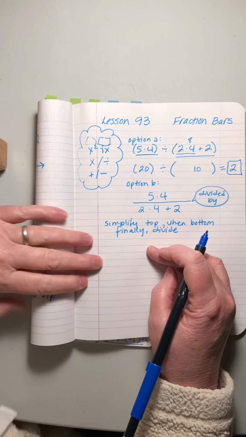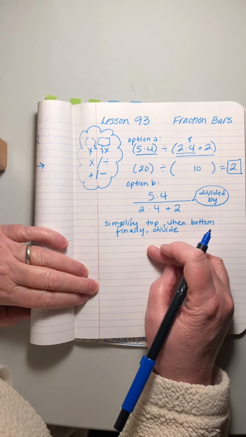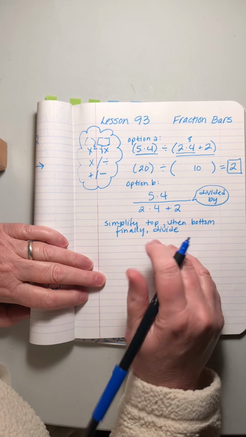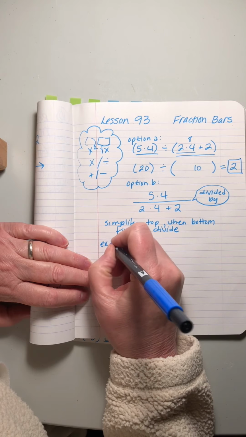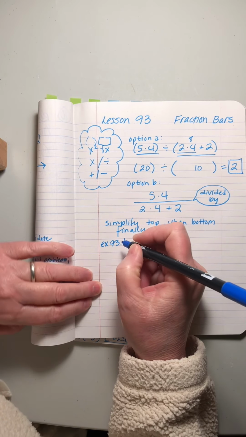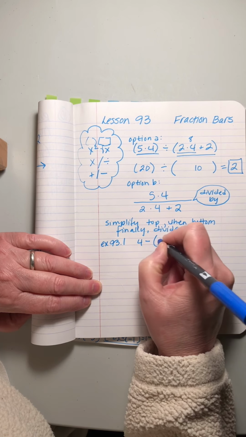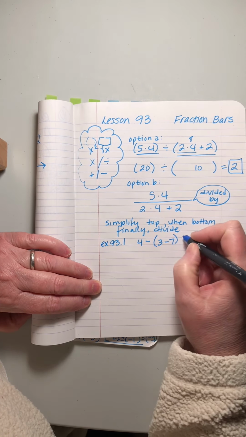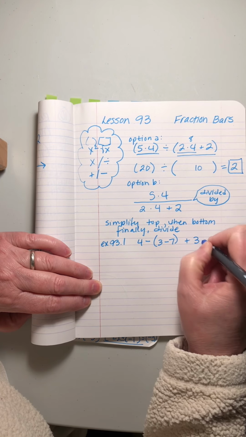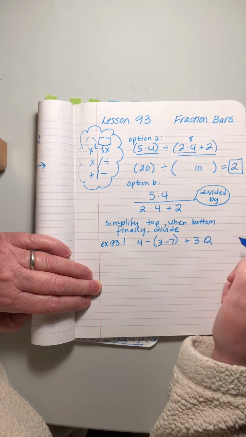Always, always, always. So here we go. Here's the first example, 93.1. There are two examples. What we've already done is kind of like one.